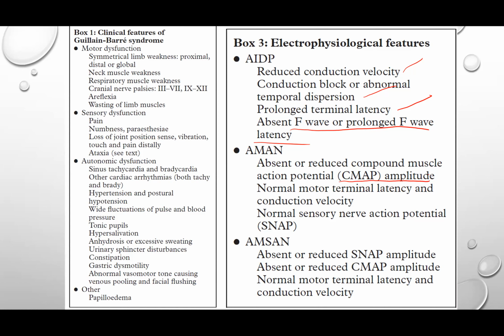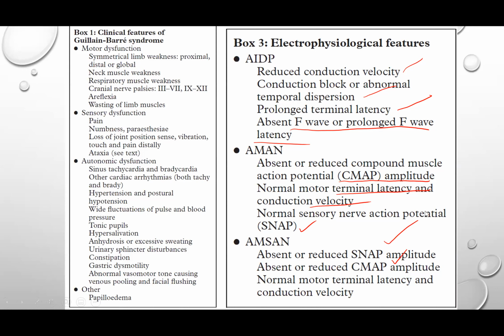But motor terminal latency is normal and conduction velocity may be normal, because it is not the myelin sheath that is affected, but the axolemma and the axon. Sensory nerve action potentials are normal; only the CMAPs, the motor action potentials, are reduced or absent. In AMSAN, a picture of both reduced SNAP and reduced CMAP together will be there. Is it now easy to understand the differences looking at this table?